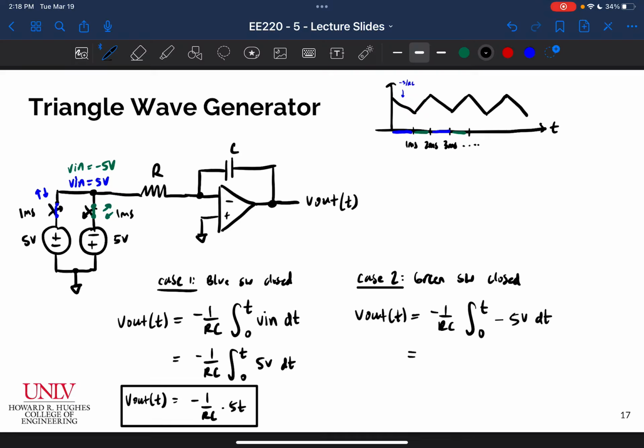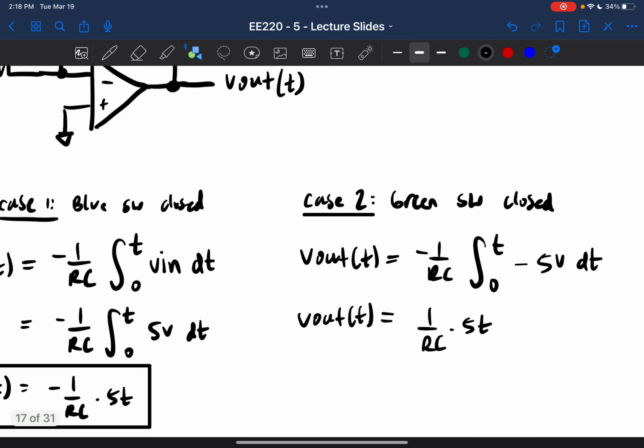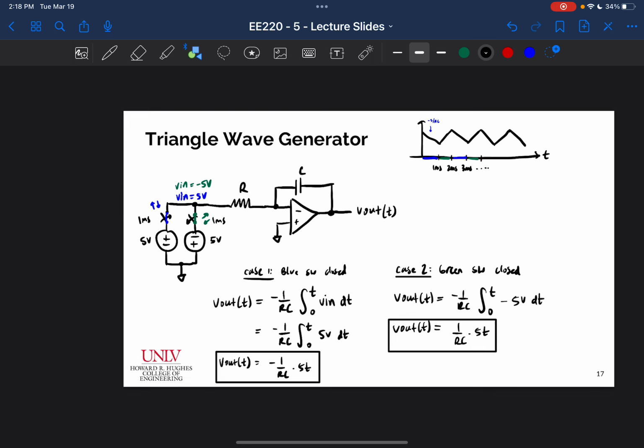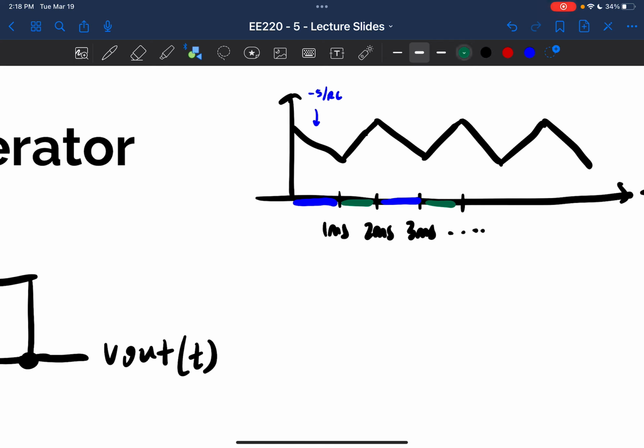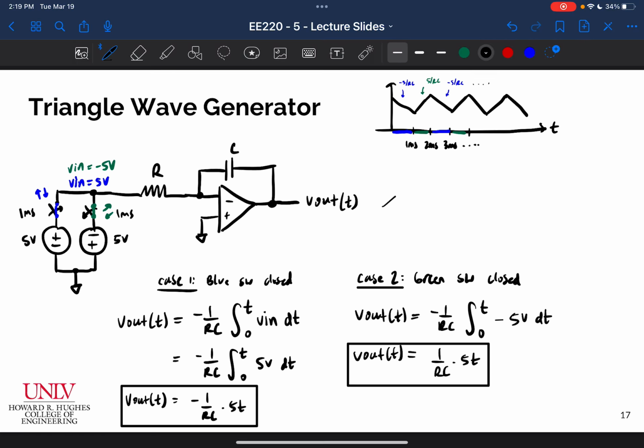And I would get 1 over RC times 5t. So I would end up with V out being positive 5t over RC, and my slope in this case would be positive 5 over RC, and so I would end up getting the opposite case where this starts rising with a slope of 5 over RC. And then again, 1 millisecond later, when the blue switch closes, I would go back to negative 5 over RC for my slope, and so on forever. And this would generate a triangle wave at the output.